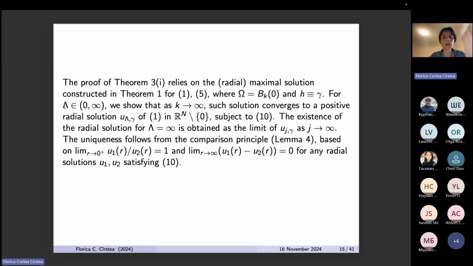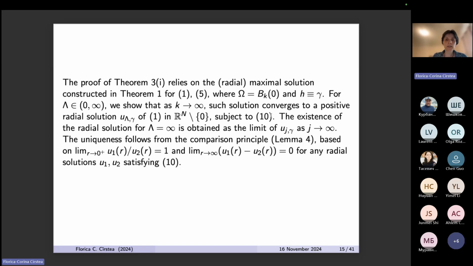And when you want u over the fundamental solution to converge to capital Lambda at 0, we show that as k goes to infinity, the solution on the ball of radius k converges to a positive radial solution with the behavior you want in relation 10 at 0, and at infinity it converges to gamma.